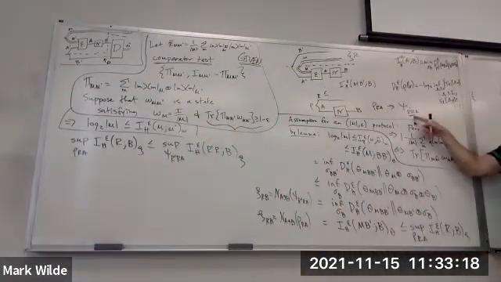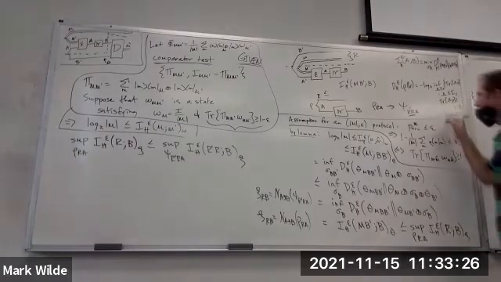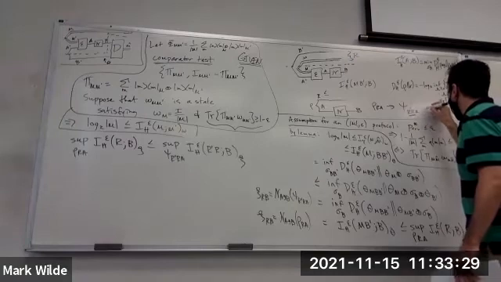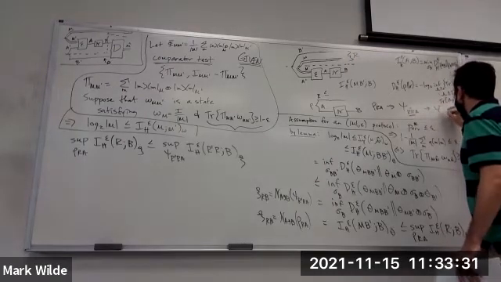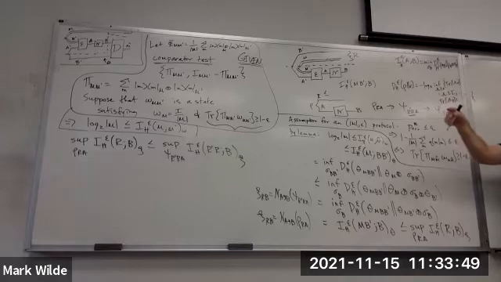But now this R prime and R, these are systems that purify A. Okay? And they're related by a local isometry to a purification where the system S is the same size as the channel input A. Okay? That was something we proved about purifications, that the Schmidt rank is no larger than the minimum of the local dimensions.